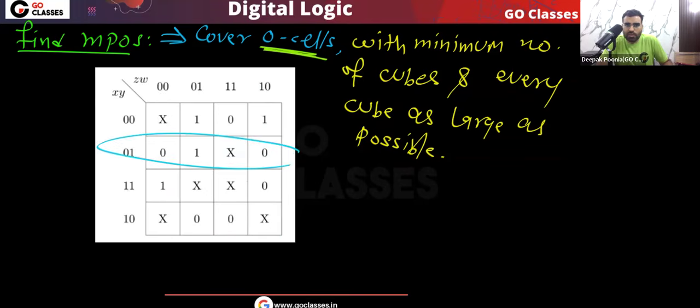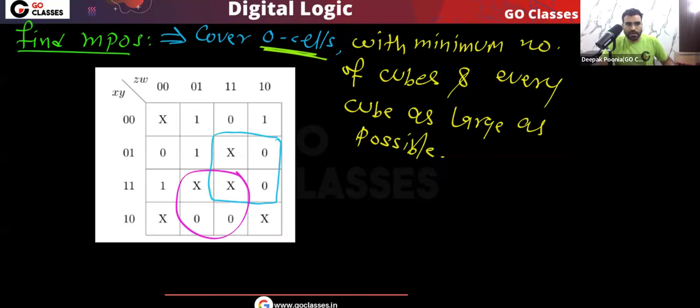So for these two zeros, it is mandatory that I create this cube. But for these two zeros, I can create either this cube or this cube. Very simple, so either this situation you will get or this situation you will get.